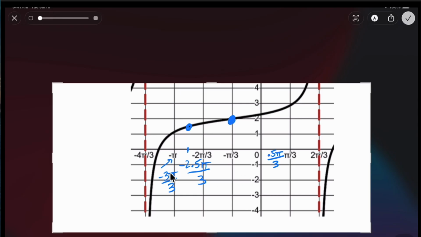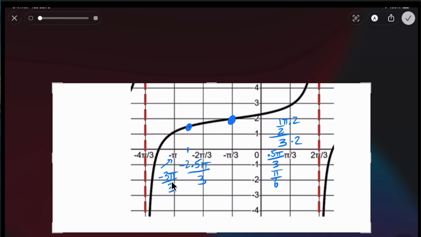Okay, so we can use these decimals. If your teacher wanted you to change it to fractions, well, we could just change this 0.5 to 1/2. So that would be 1/2 pi over 3. Multiply top and bottom by 2, and that would give us pi over 6.